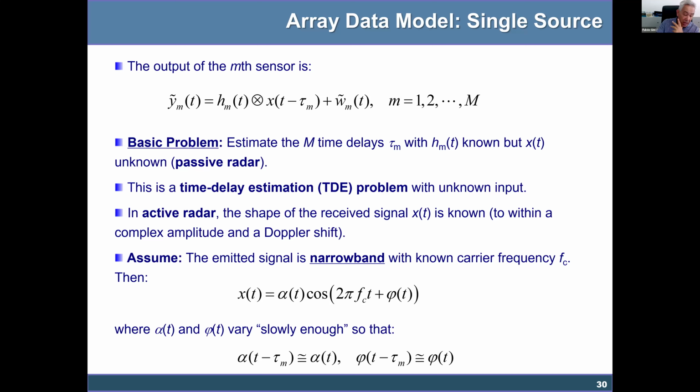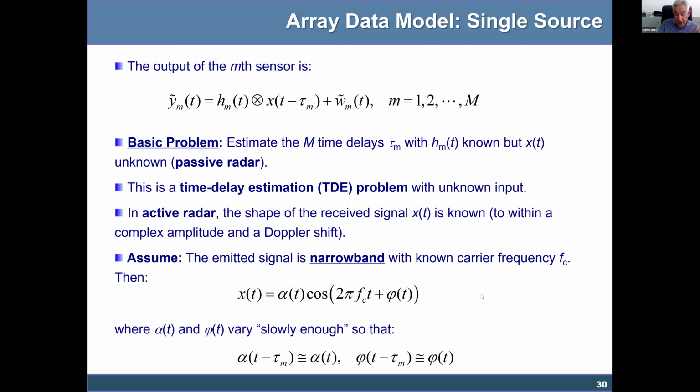So I think you know that if a signal is narrowband with central frequency Fc, this signal can be represented in this way as x of t equal to alpha of t, which is the envelope, times cosine of 2 pi Fc t plus phi of t, which is the phase. And if x of t is narrowband, it can be shown that the amplitude alpha and the phase phi are low pass signals.